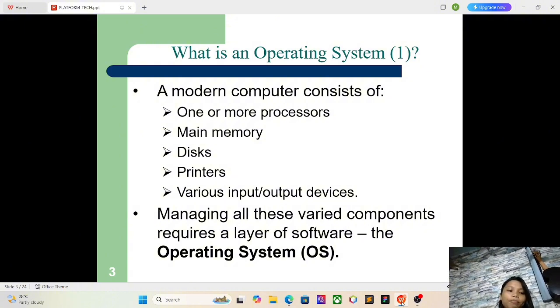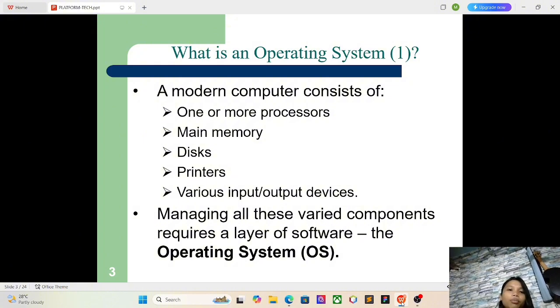So what are the key functions of an operating system? First is resource management, file management, process management, user interface, device drivers, security, and access control.